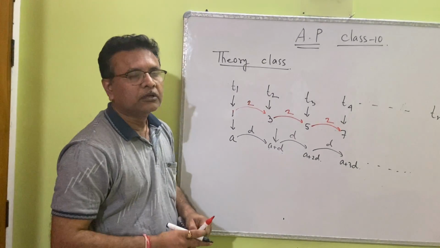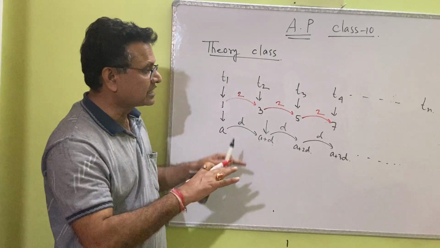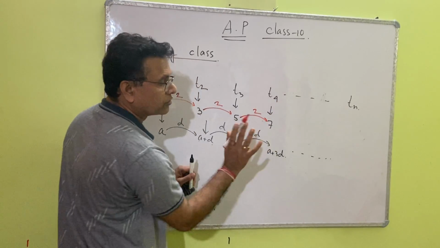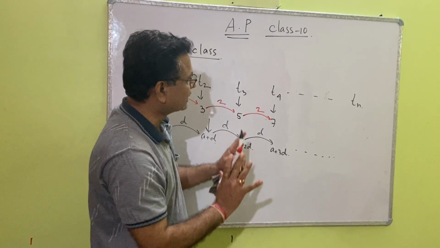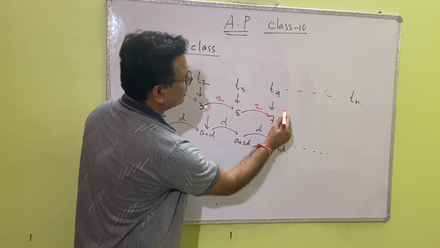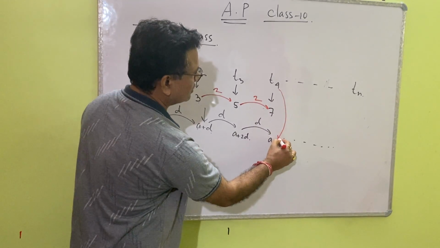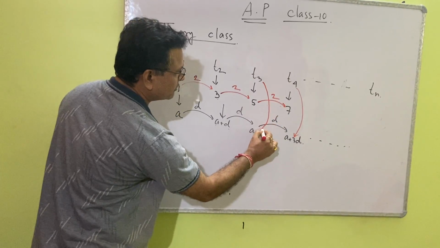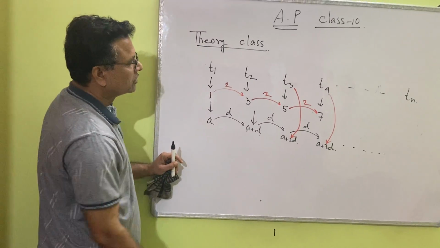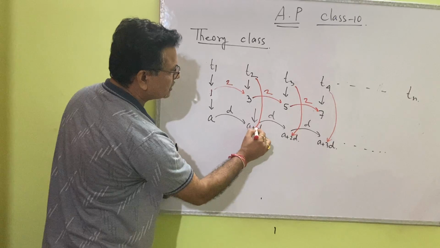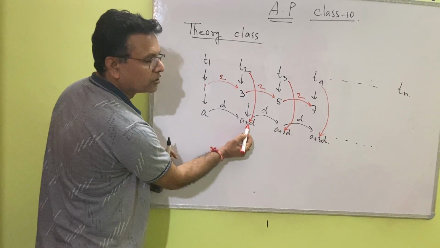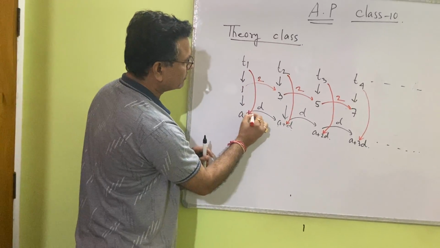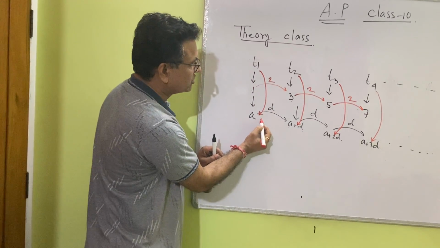Now here you have to come to one generalization technique. Let's see. When this is 4, look at the linking. When this is 4, then this number is 4 minus 1. When this is 3, then this number is 3 minus 1. When this is 2, then before D you have 2 minus 1. And when this is 1, then we have 1 minus 1 into D, that means 0D.